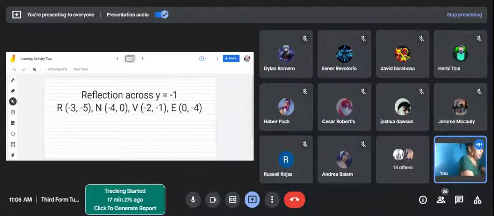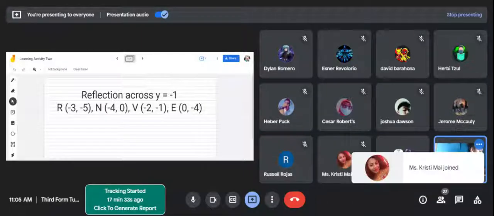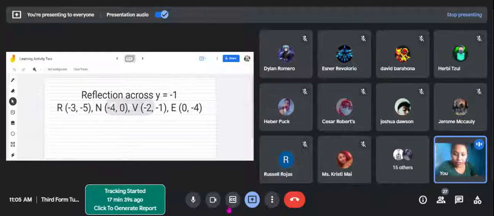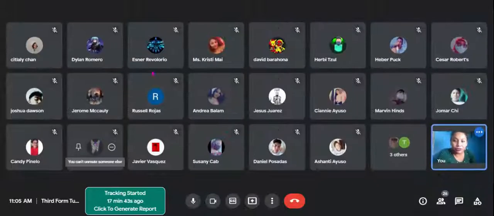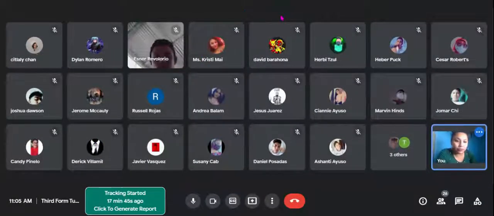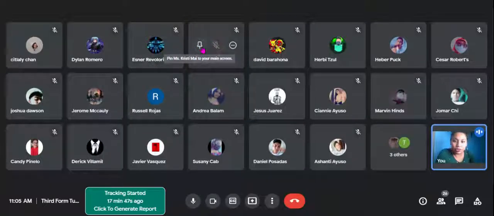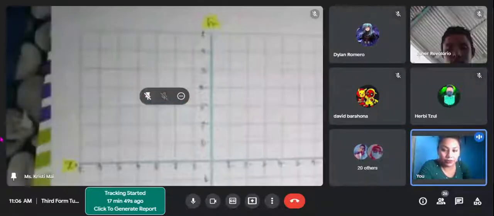Okay, let me see if I can do this. I want you guys to find my second screen. Can you see it? And then I want you guys to pin it to your screen.